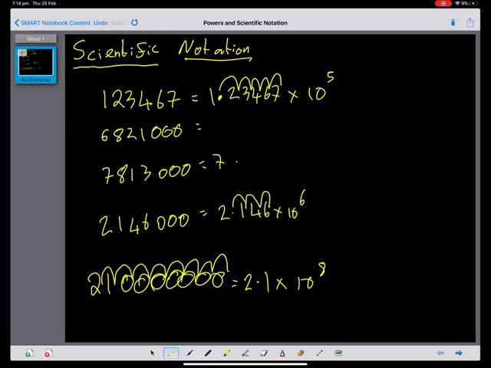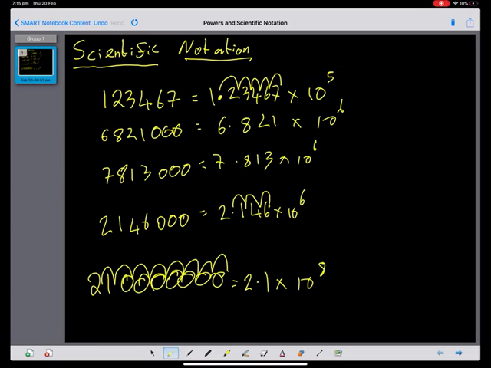This is going to be 7.813 times 10 to the 6 also. And this is going to be 6.821 times 10 to the 6. Okay, so hopefully you're confident doing these now.